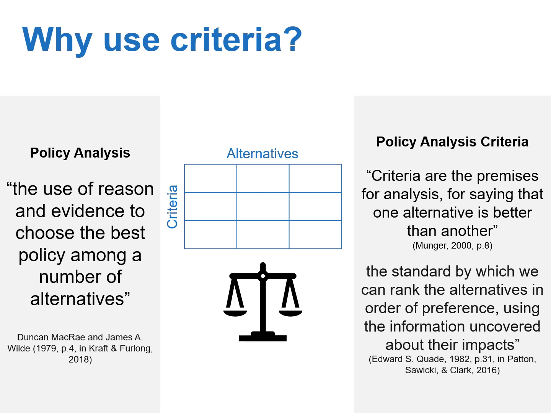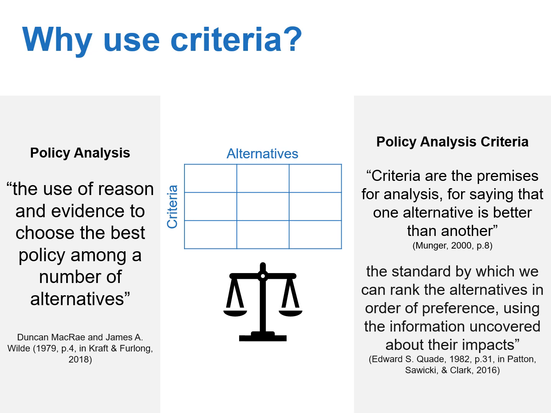So, why do we need criteria in the first place? Policy analysis is about using reason and evidence to choose the best policy from among alternatives, which we already know. But what does best mean? That's where criteria come in. As Munger puts it, criteria are the premises for analysis. They let us say why one alternative is better than another.